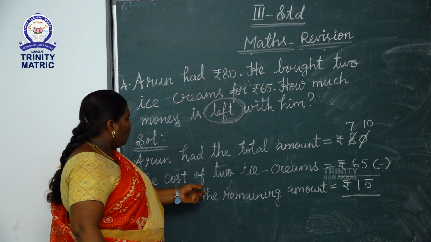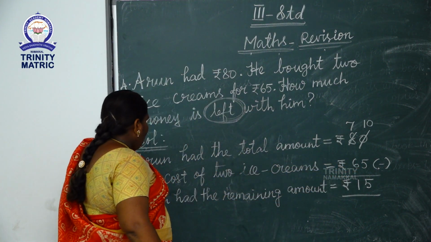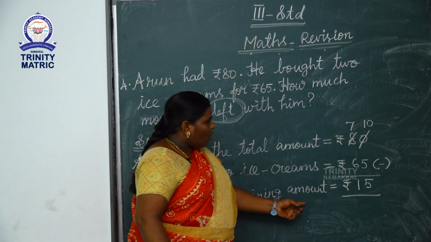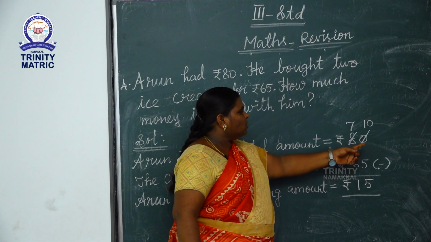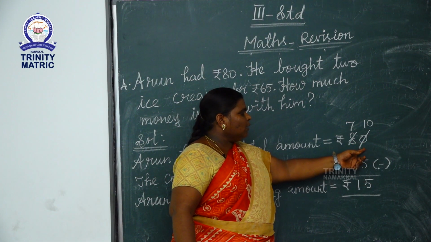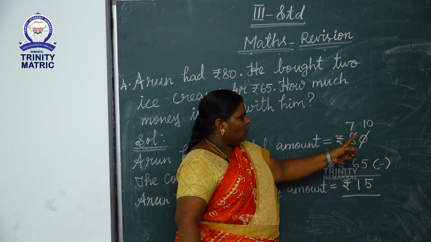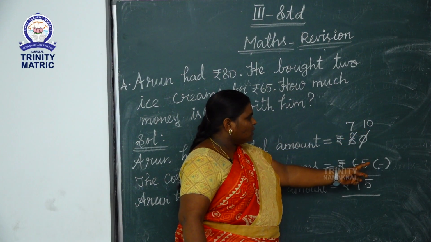I say again, Arun had the total amount rupees 80. The cost of 2 ice creams is rupees 65. To find the remaining amount, you subtract 65 from 80. 0 is a small number, 5 is a big number, so you borrow 10 from the tens place. So you have 10 in the ones place.